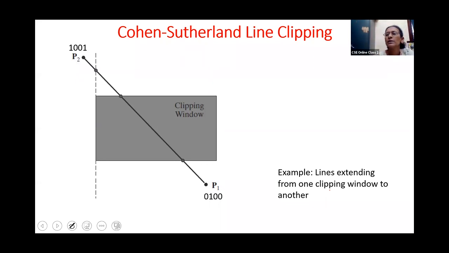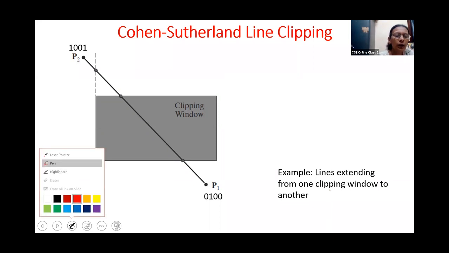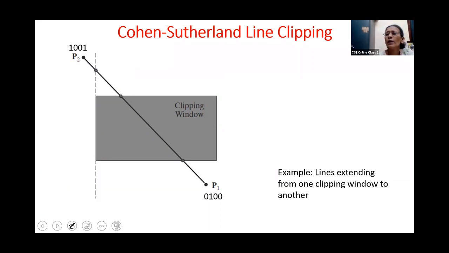In our case, we take first the left boundary, then the right boundary, then the bottom boundary, and then the top boundary. So first we check if the left boundary bits are set.